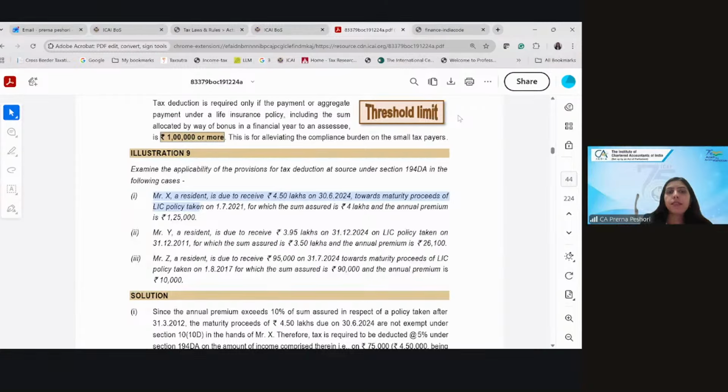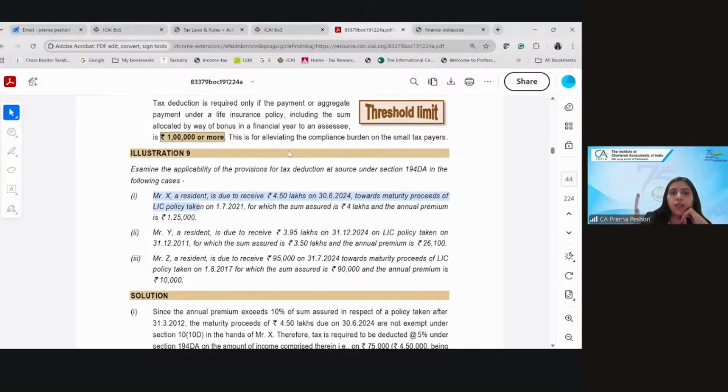Correct. So what then will be the TDS on? Then we have to deduct the TDS on the income. Received is 4.5 lakhs minus 1,25,000 into 3, minus 3,75,000.